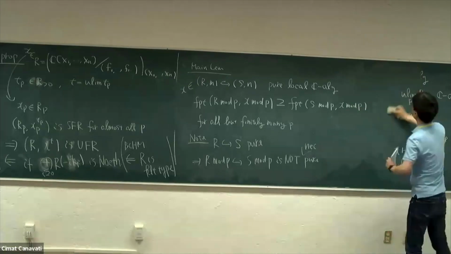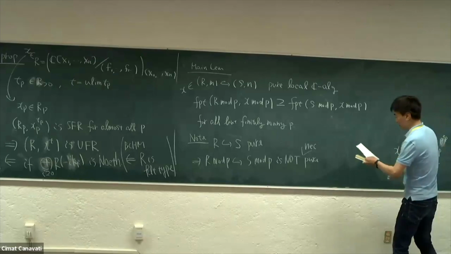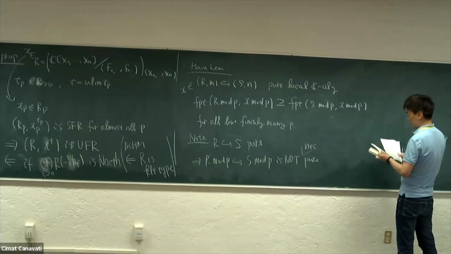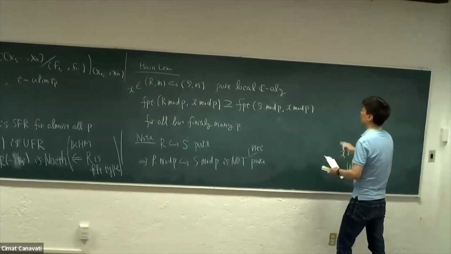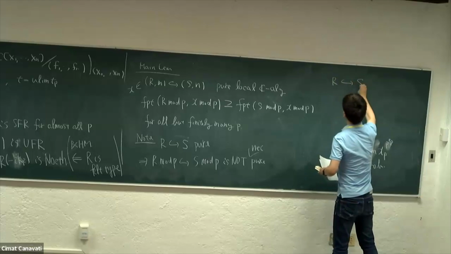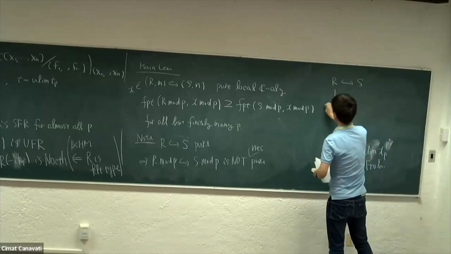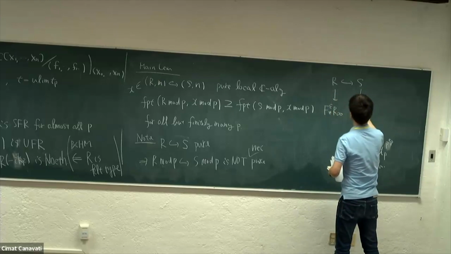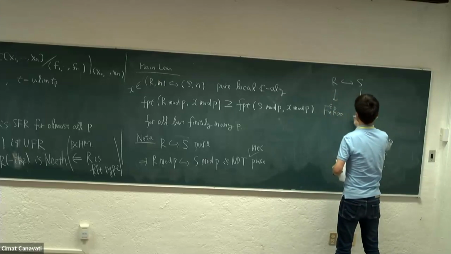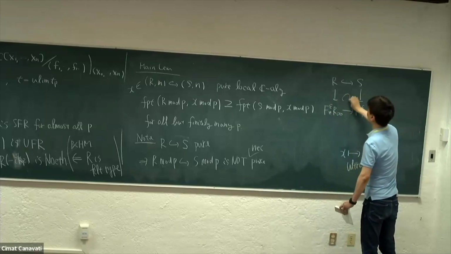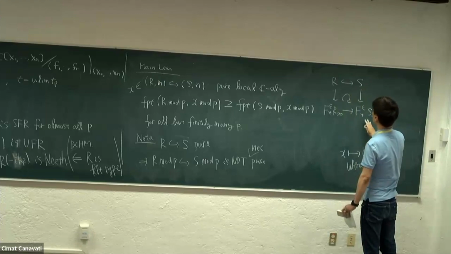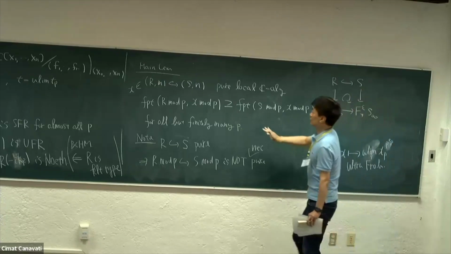Let me write down a diagram. We have a pure morphism from R to S, and we have some ultra properties like this. Basically, we have this commutative diagram.